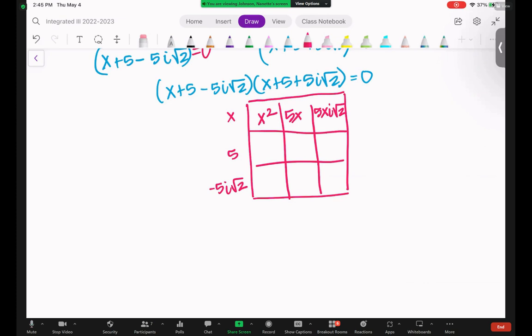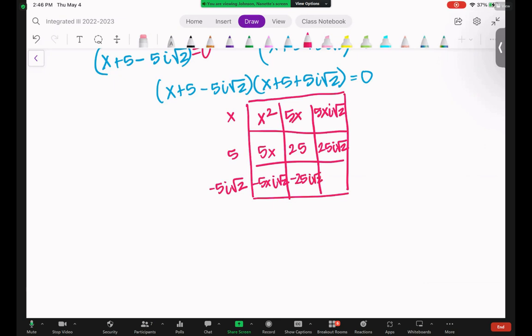Okay. And then I'm just going to continue. So I get 5x, I get 25, I get 25i root 2. So here I get negative 5xi root 2. I get negative 25i root 2.